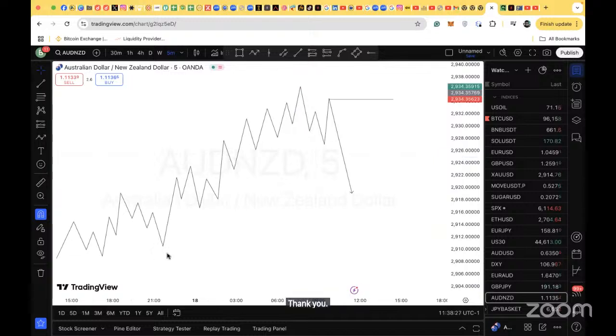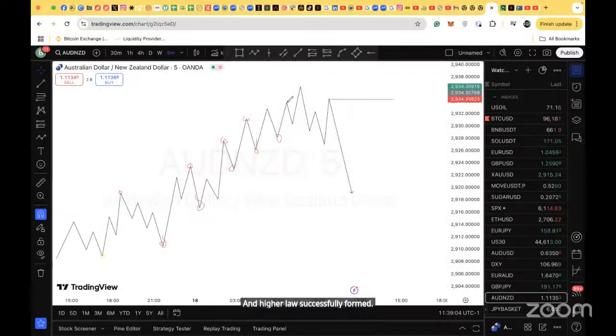I want you to understand the model for a safety trade. When price action begins to create a trend, and you notice that trend was created, a series of higher highs and higher lows successfully formed, until we got to a point in price action.